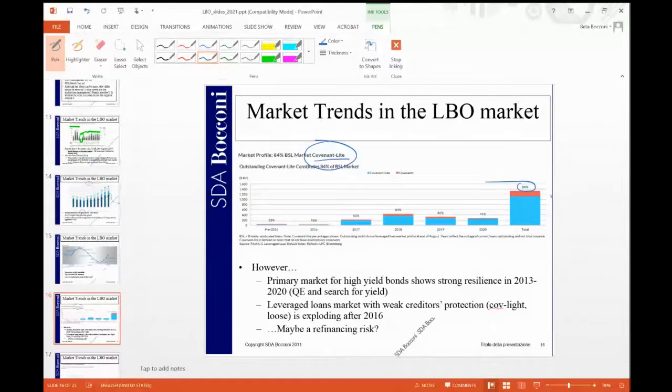So the paradox is that exactly because there is an enormous amount of liquidity in the marketplace, investors probably are willing to pay more, and creditors, unfortunately for them, are lending at more favorable conditions for the borrowers. They ask for lower protection.